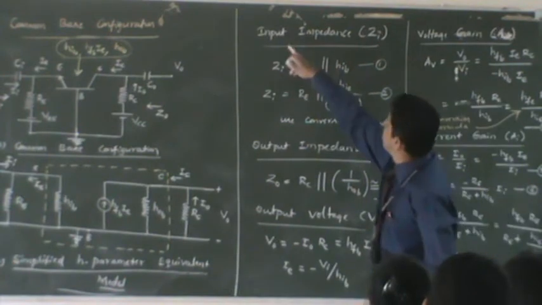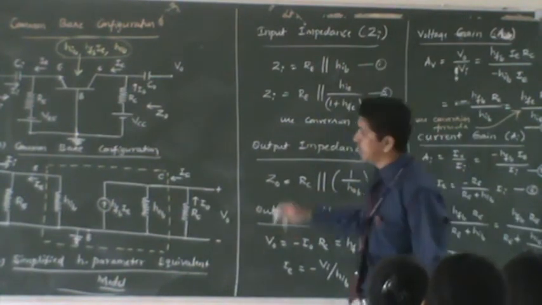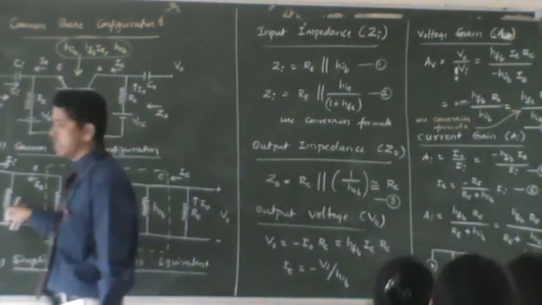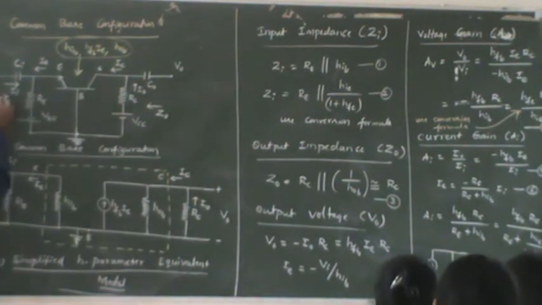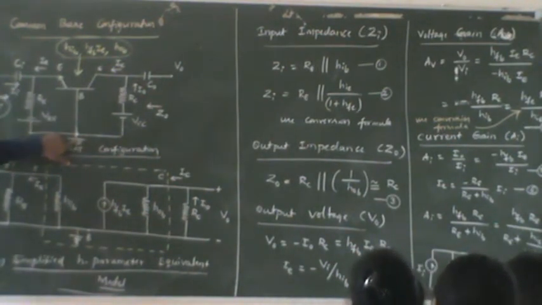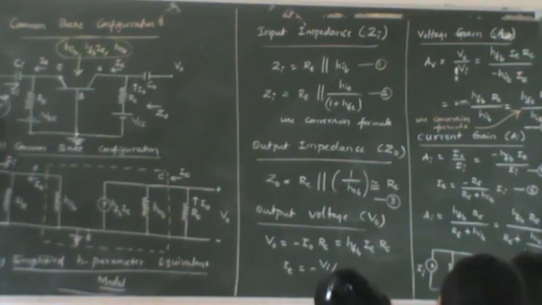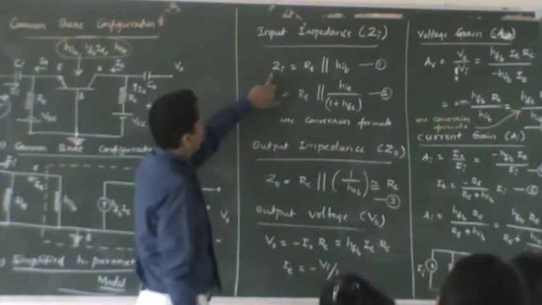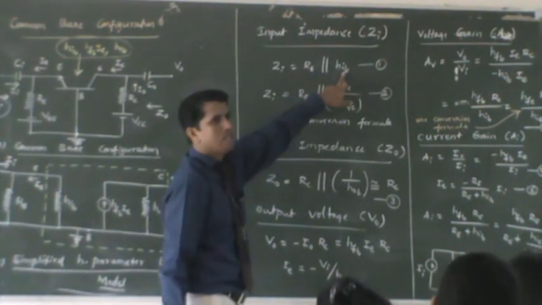The first among them is input impedance, looking at the input side of the equivalent circuit or the original circuit. Here we have shown the input impedance ZI, looking at the input terminals between VA and ground. So ZI can be written straight away. ZI is nothing but RE parallel with HIB.